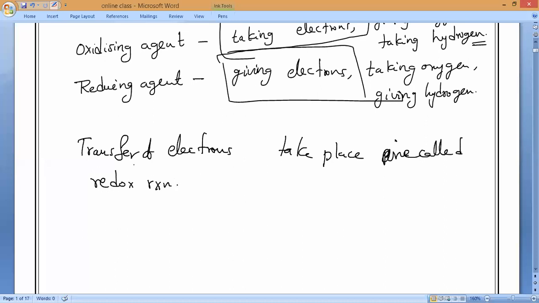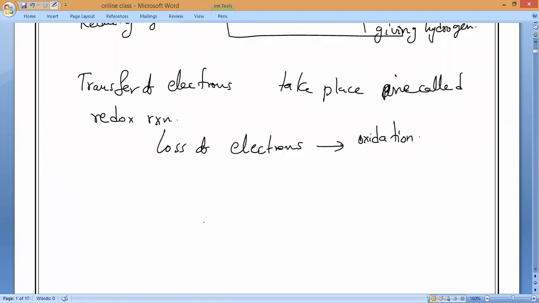Remember, if there is a loss of electrons, we call it oxidation. Same way, if there is a gain of electrons, we call it reduction.